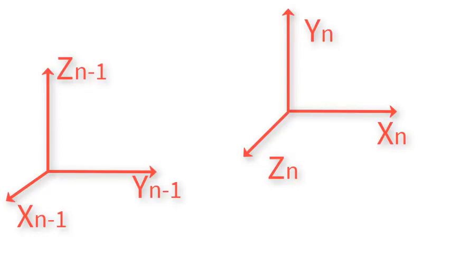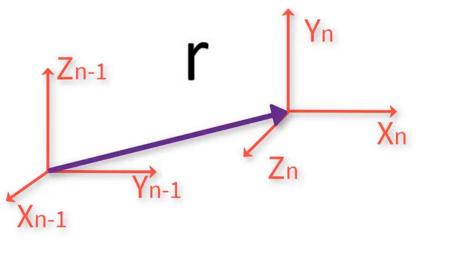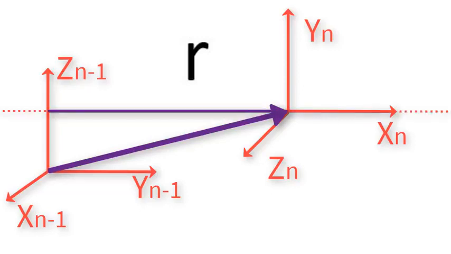Let's move on to our first displacement parameter, r. Here's how r is defined. r is the amount of displacement from the center of frame n-1 to the center of frame n, measured only in the xn direction. Let's look at some examples.